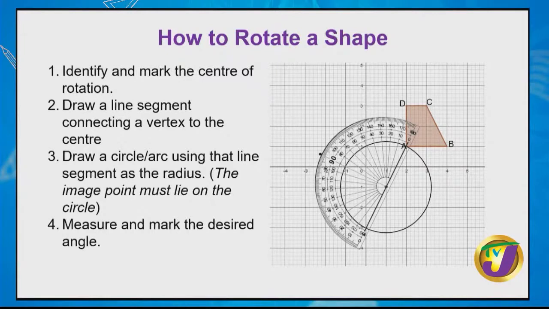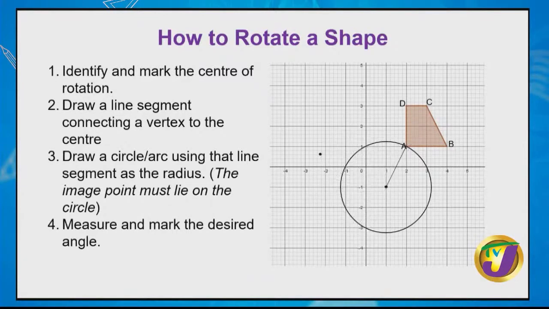And so we can identify exactly where A prime would be, where our line segment now is intersecting the circle. All right, so I'm seeing it coming up a little late, but we're seeing now A prime coming in. So it's a 90-degree rotation from the center of rotation, and we would have identified our center to be (1, -1).